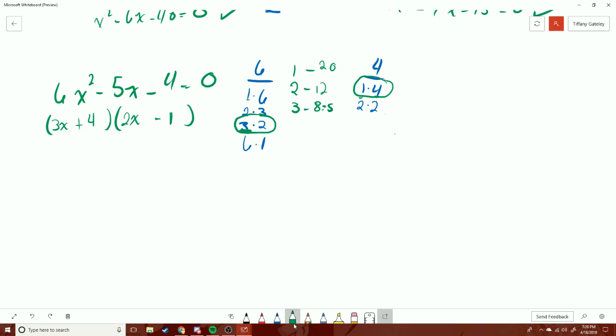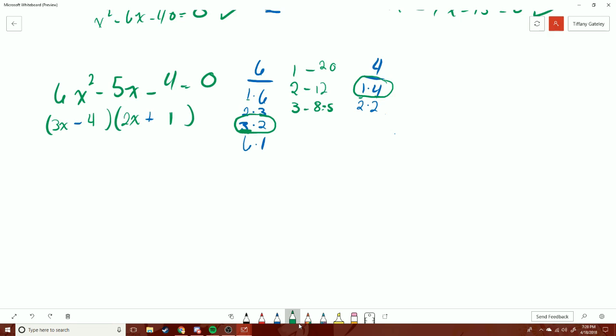But then our operators are switched, because you know that the 4 has to go with the minus because it's the bigger number. So minus plus. So yeah, and let's FOIL it to make sure we are right.